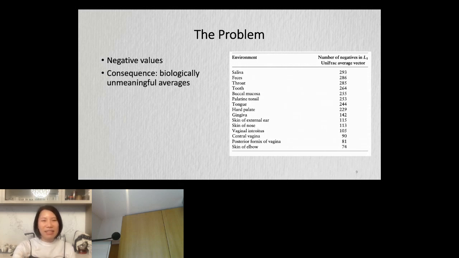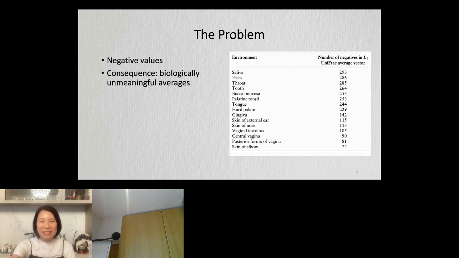Why is this a huge problem? It's because if we have negative values in a vector, it deviates from our purpose of finding a representative sample that is biologically meaningful. After all, what does it mean to have negative abundance of certain species in a sample? It doesn't really make biological sense.